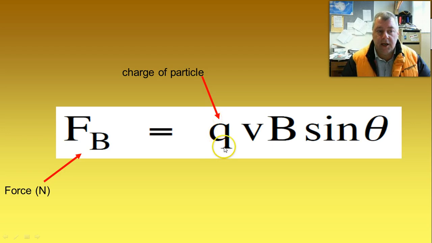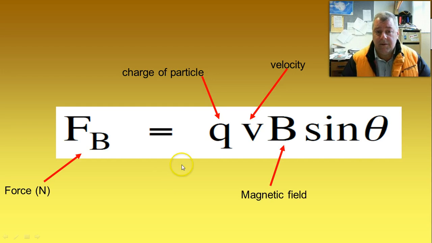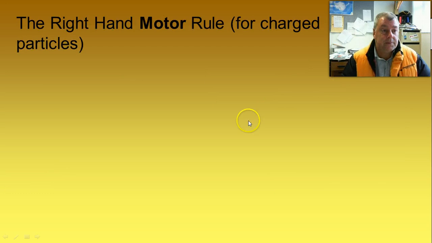Q is the charge of the particle, so we've used Q before. V is the velocity, meters per second. B is the magnetic field strength, and theta is the angle at which it cuts, and for us it's always going to be 90 degrees, which means that's sine 90, which equals 1. So we pretty much ignore it, but it's there in existence because the real world is much more complicated than we make it out to be.